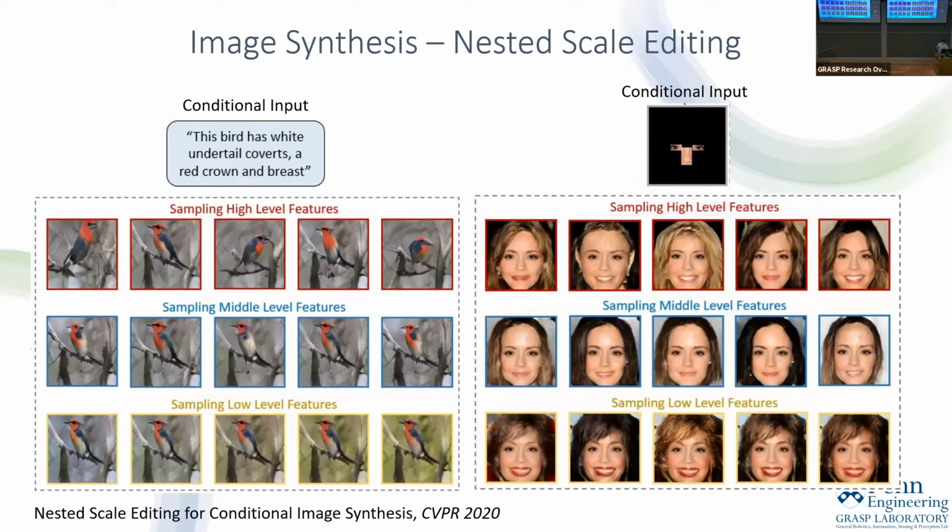But different from other works, we're trying to do a more controllable representation in the generation process, such that we can sample the high-level features, basically changing the pose of the bird, or sample the middle-level features or low-level features, which focus more on the texture-level information.